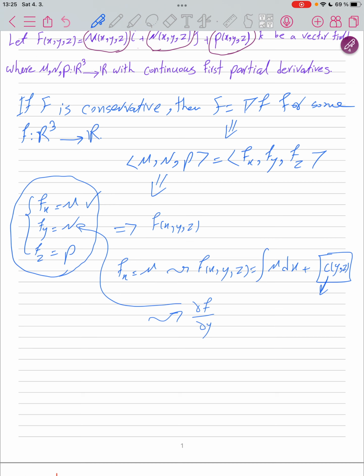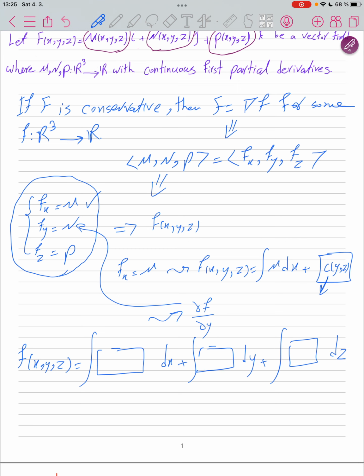So you can obtain a potential function basically by evaluating 3 integrals, namely these integrals: integral dx plus integral dy plus integral dz. Now what should we put in these places?